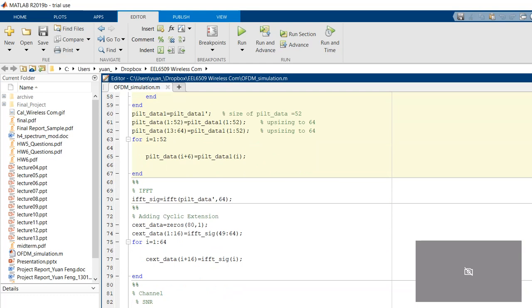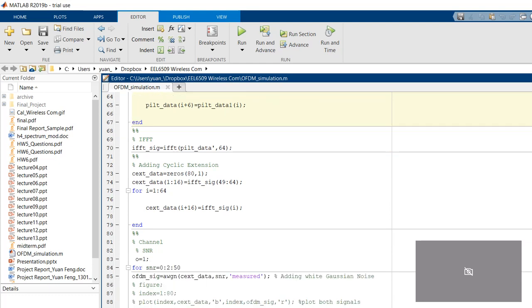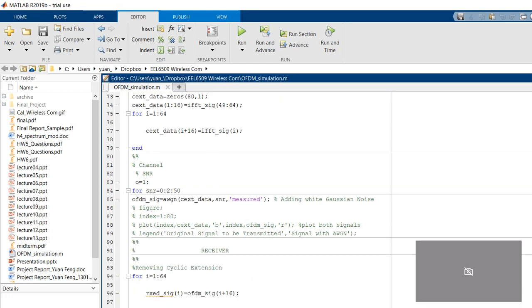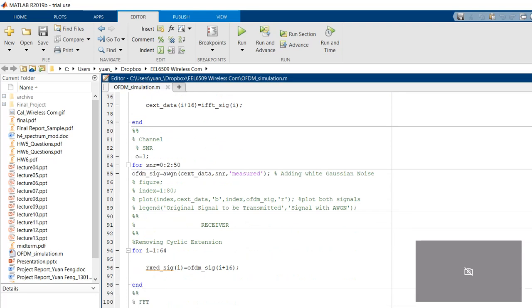I'd like to mention that here I do the inverse fast Fourier transform to switch to the time domain. And I iterate the signal to noise ratio from 0 to 50.